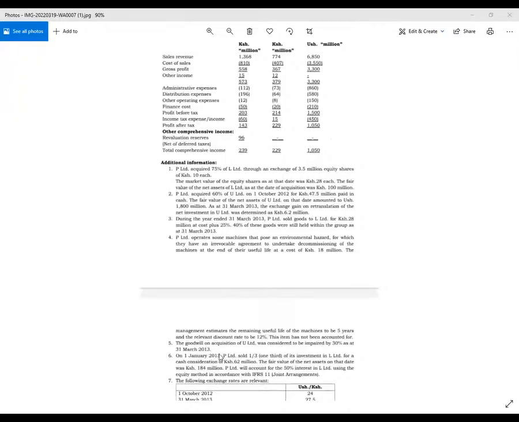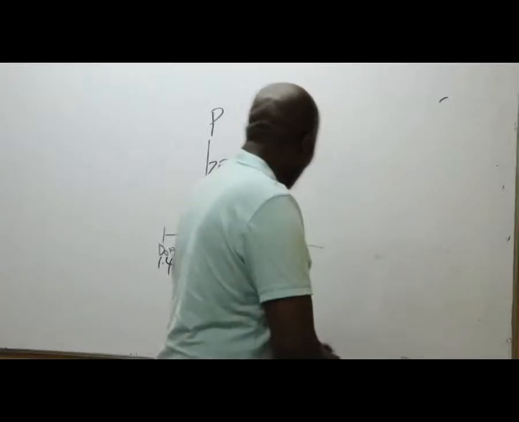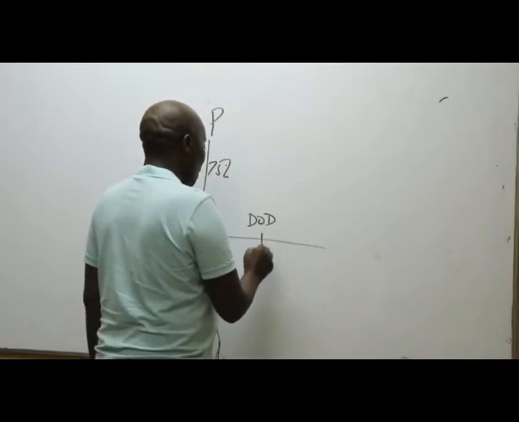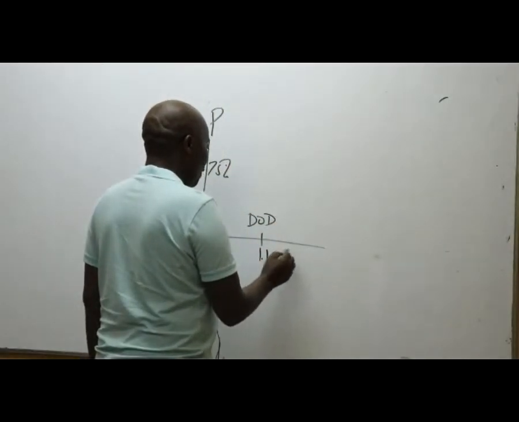On 1st January 2013, P Limited sold 1/3 of its investment in L Limited for cash consideration of 62 million. So there was a disposal, and the date of disposal is 1st January 2013.